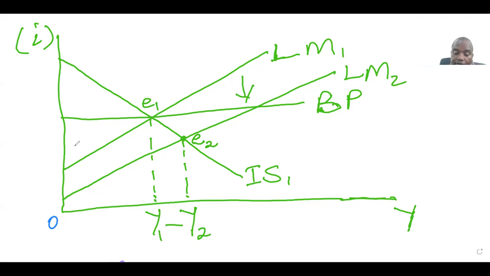If it introduces import quotas or import tariffs, basically we would expect our balance of payments curve to shift downwards, to say BP1 from BP0.